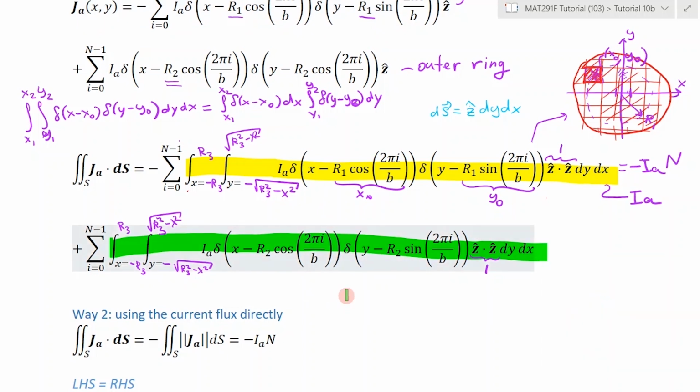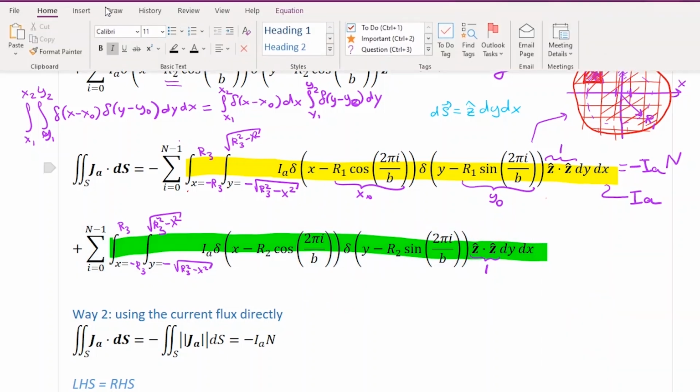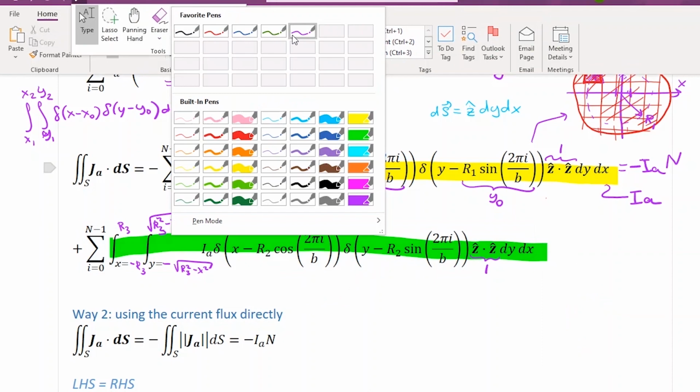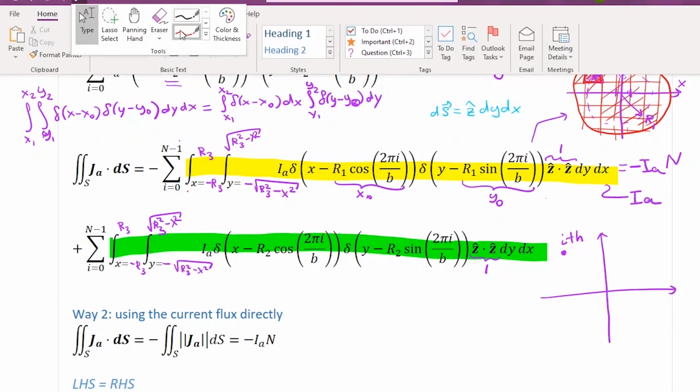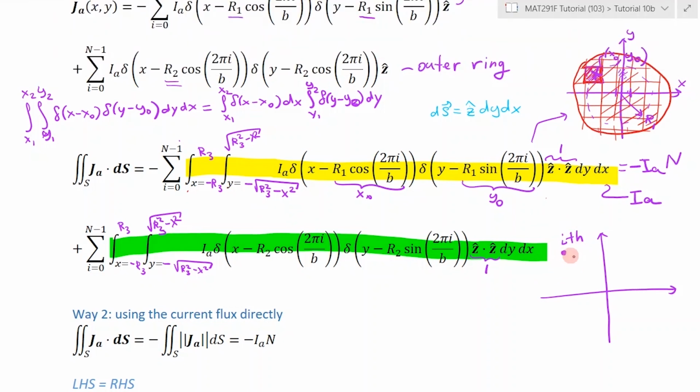This is almost the same thing as before, but there is one big difference. We have this ith filament, and we have our surface, but now the surface doesn't reach the filament.